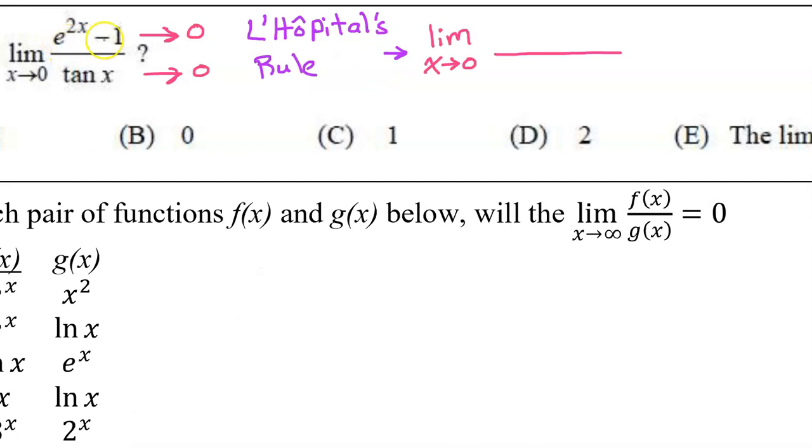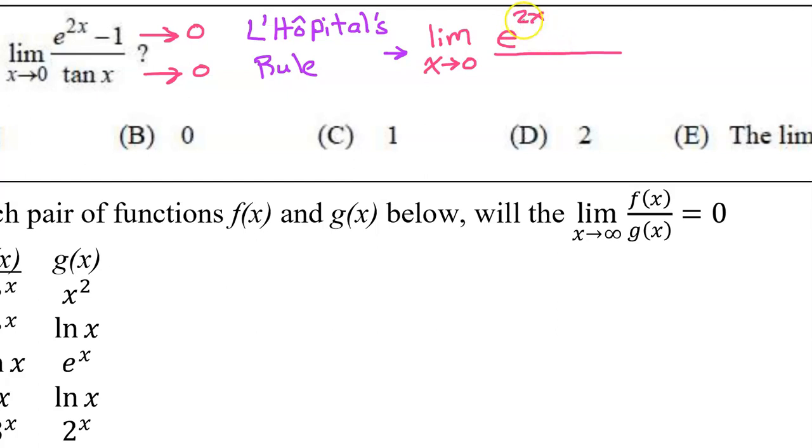Taking the derivative of the numerator term by term, we first do the derivative of e to the 2x power. Taking the derivative of e is always fun because the derivative of e to the something is always still e to the something. If this is just x, I would be done.